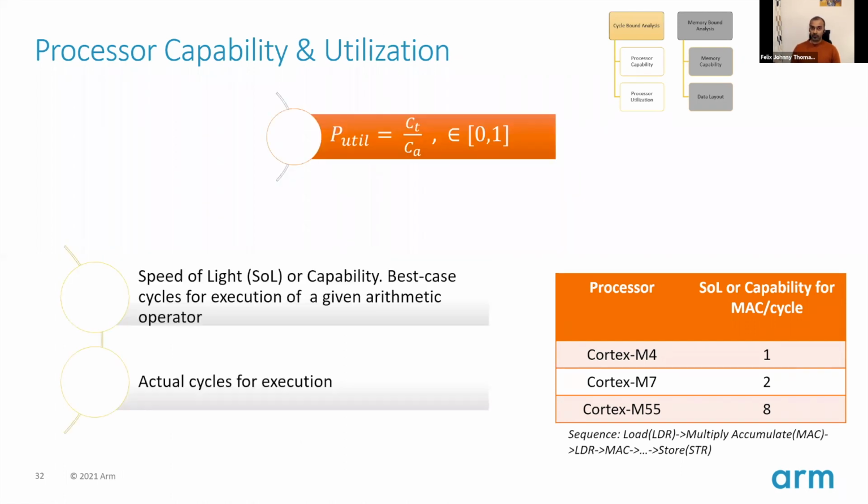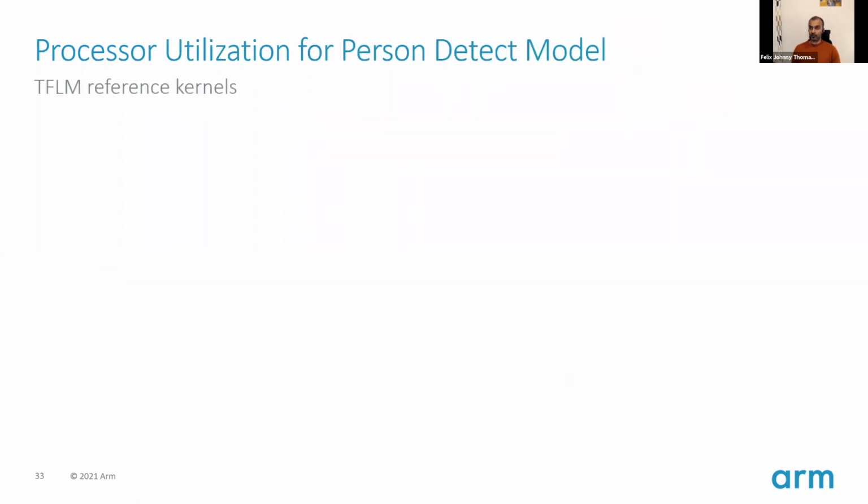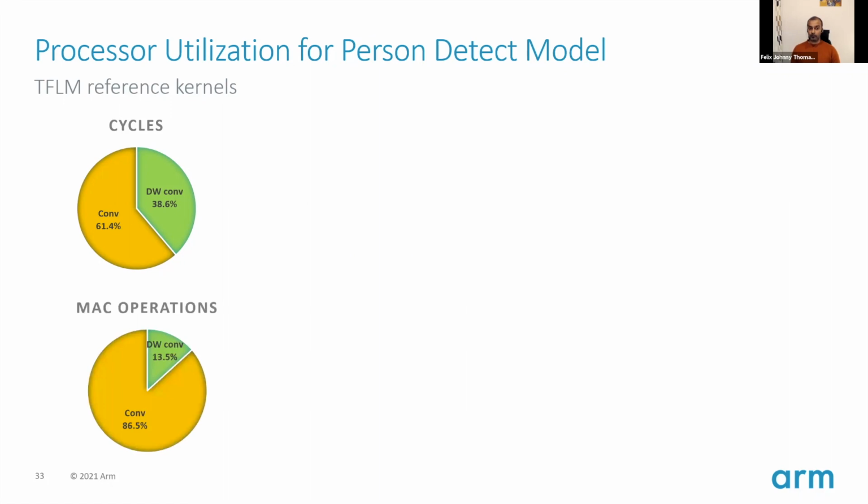Now that is our theoretical starting point. With that in mind, we then look at the actual cycles that were consumed, and we divide those 2 to get a number called the processor utilization, which is something between 0 and 1. Now, let's look at how this has turned out for the person detect model that we used. We begin with the chart which we showed earlier, showing convolution and depthwise convolution consuming most of the cycles. And now let's look at the multiply accumulate operations, which are part of those 2 operators.